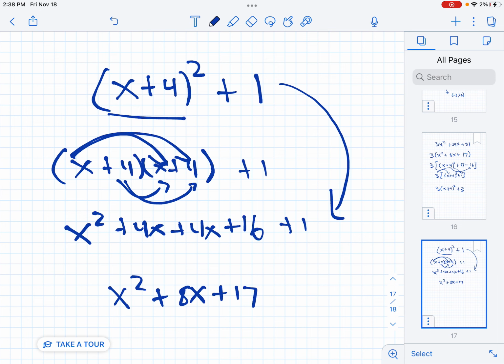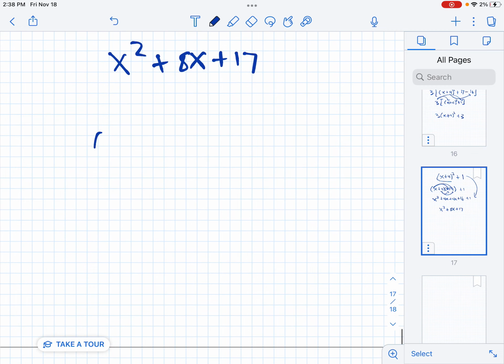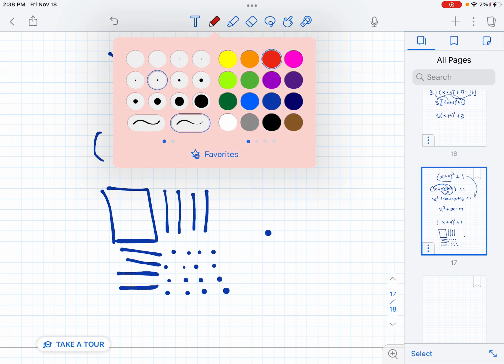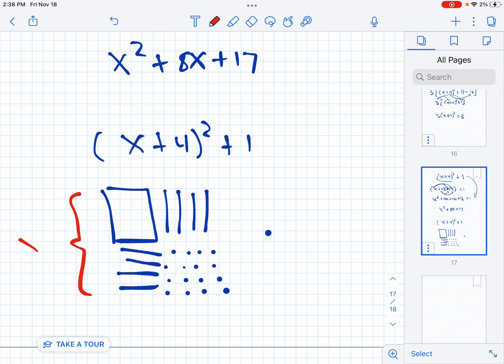Now, if it's helpful, let me draw a picture of what that really is. x plus 4 squared plus 1 is really this kind of thing. 1, 2, 3, 4 across and 1, 2, 3, 4 down, and then 1. So x plus 4 squared is this shape that is x plus 4 by x plus 4.